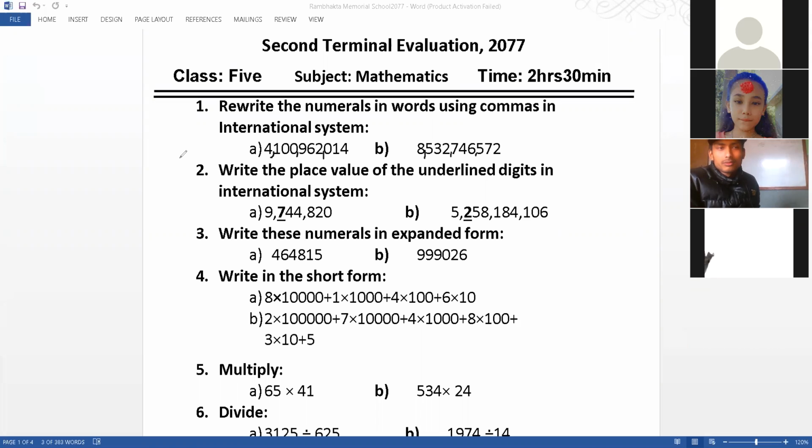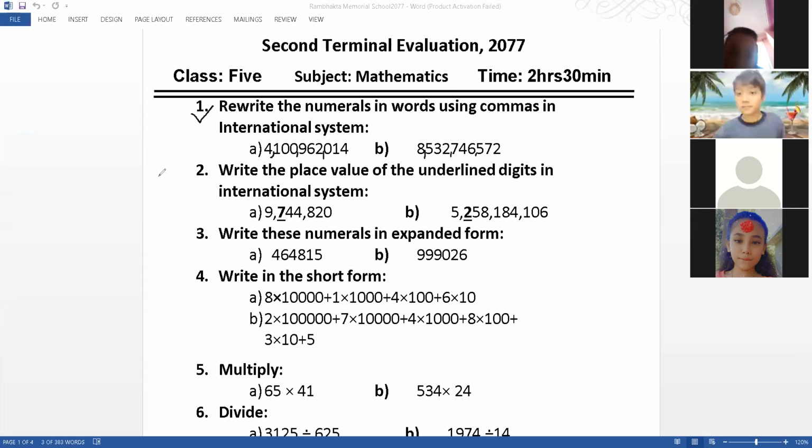I asked who knows how to do number 1, raise your hand. Akash knows. Okay, so who will tell me this? Sneha, why don't you tell me? What is the answer to A, Sneha? Can you read it out for me, Sneha?